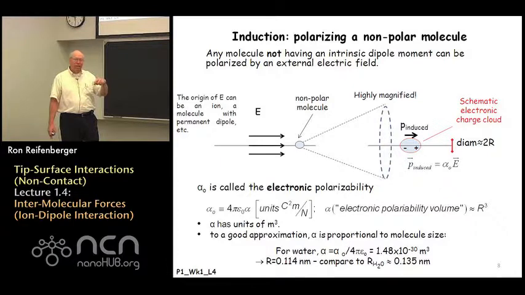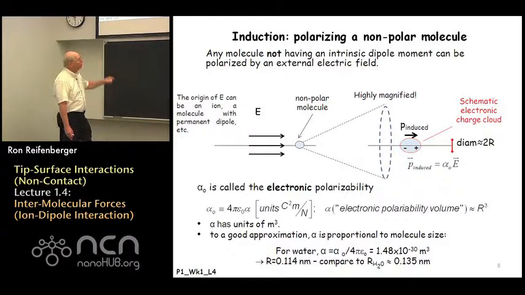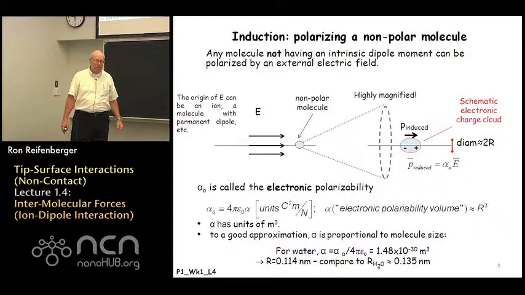But that's not the case, because the external electric field induces a dipole moment in this atom or molecule. And this induced dipole moment depends on the strength of the electric field, E, right? And the proportionality constant between the induced dipole moment and the applied electric field is a parameter called alpha 0. That's referred to as the electronic polarizability of the atom or molecule in question.